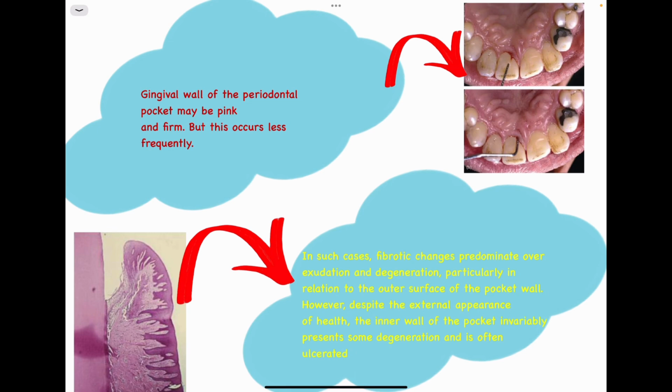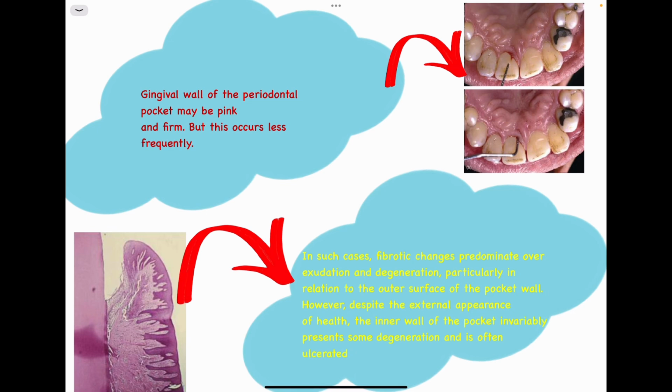Whenever a tissue is subjected to attack by microorganisms, two types of changes are possible. One is the inflammatory one, which is the most common, and in rare cases there might be fibrotic changes. In inflammatory changes, a huge amount of leukocytes come to that area in order to resolve the inflammation, and fibrotic changes occur mostly in chronic cases.